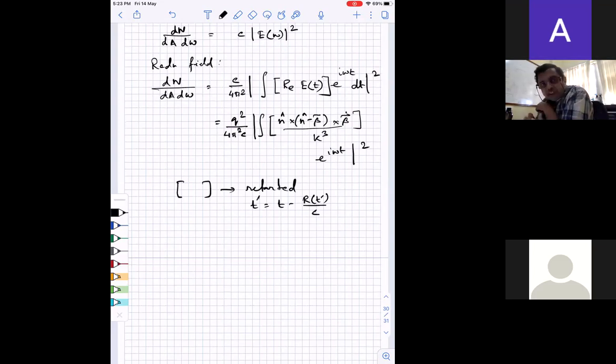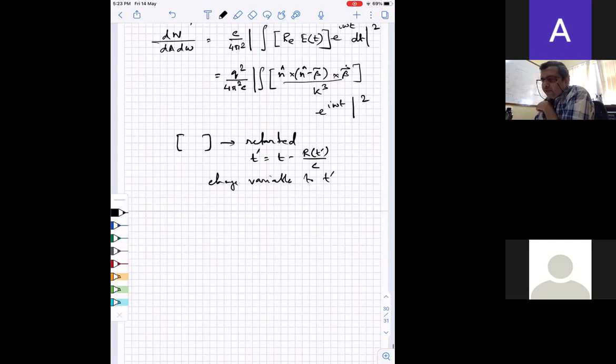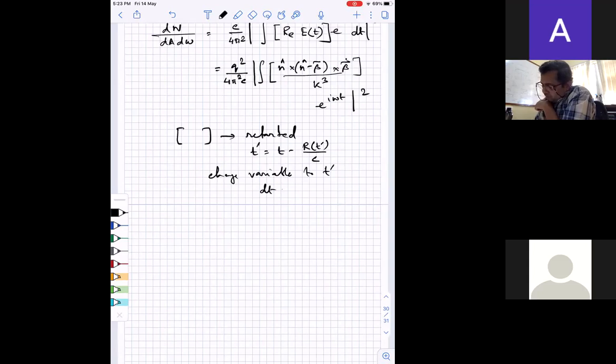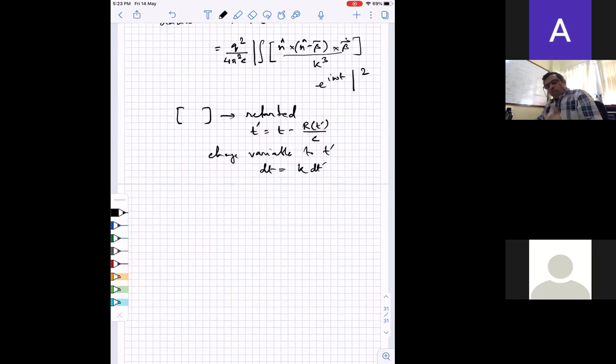You change variables to t prime, then you get dt equal to kappa times dt prime, and then you make one more approximation.